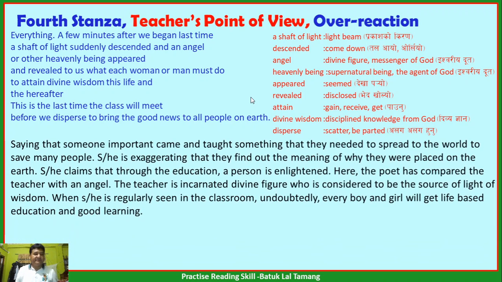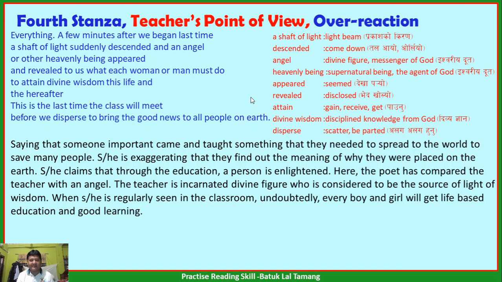Saying that some important being came and taught something that they needed to spread to the world to save many people. The teacher is exaggerating, overreacting, that they find out the meaning of why they were placed on the earth. She claims that through education a person is enlightened.